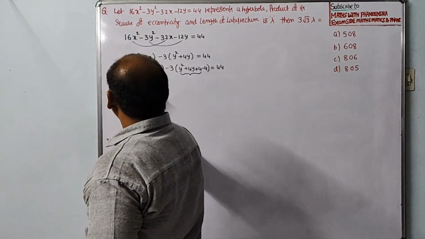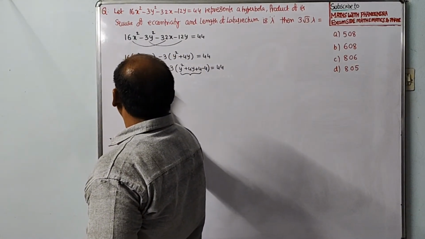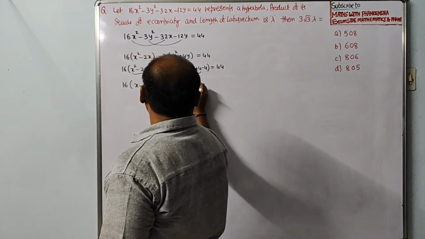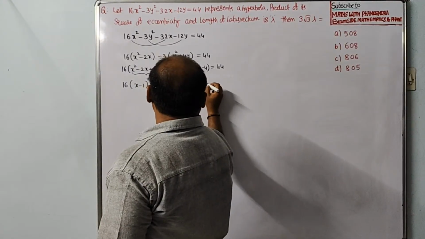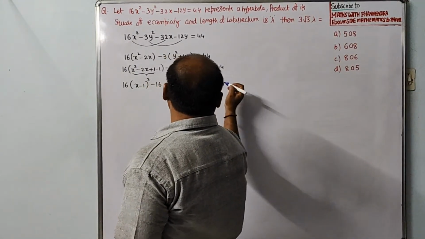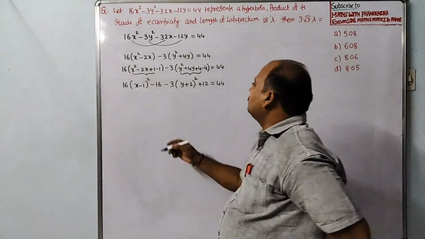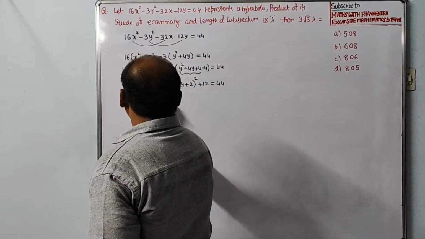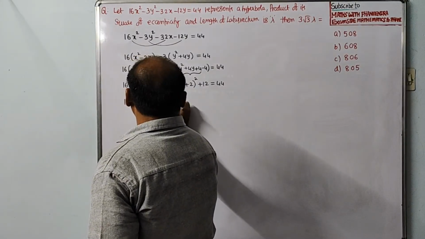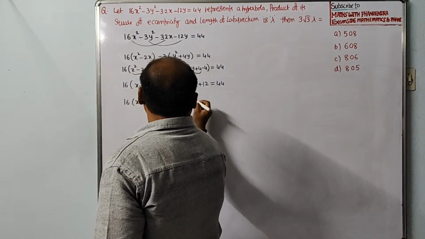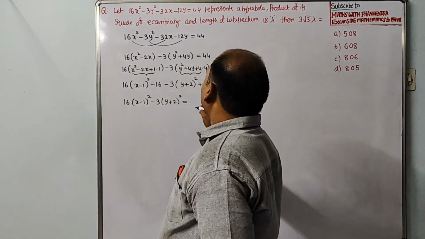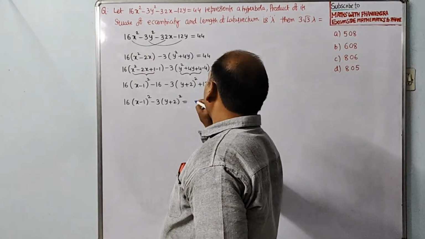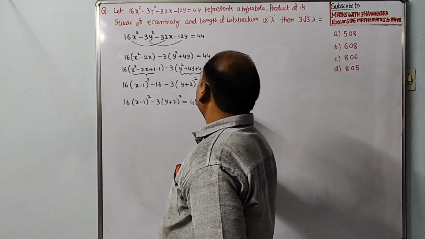So 16 into (x minus 1) whole square minus 16, minus 3 into (y plus 2) whole square plus 12, is equal to 44. So 16 into (x minus 1)² minus 3 into (y plus 2)² is equal to 44 plus 16 minus 12. Bringing it here, 48 will come.